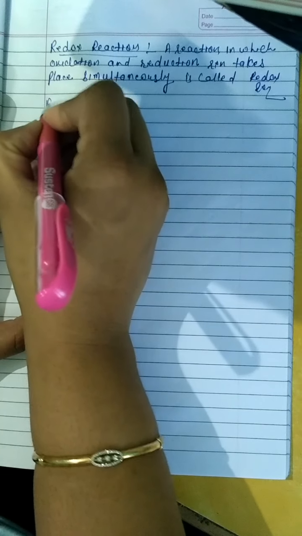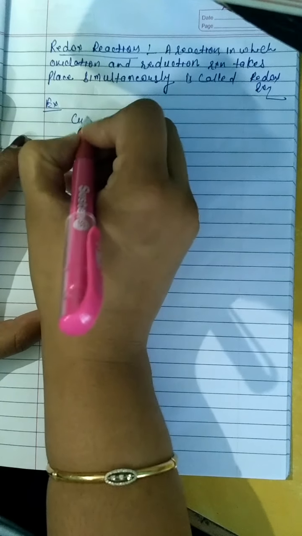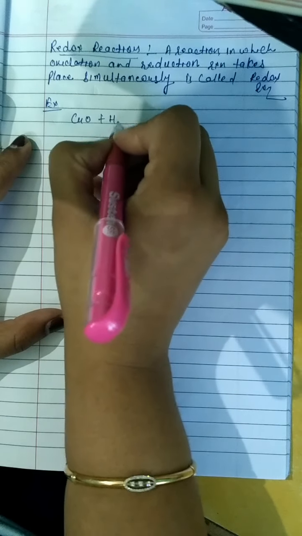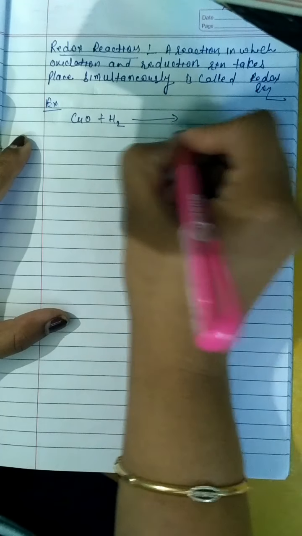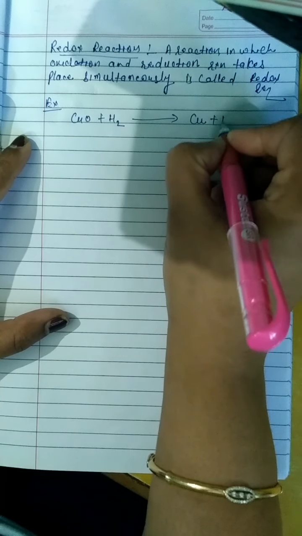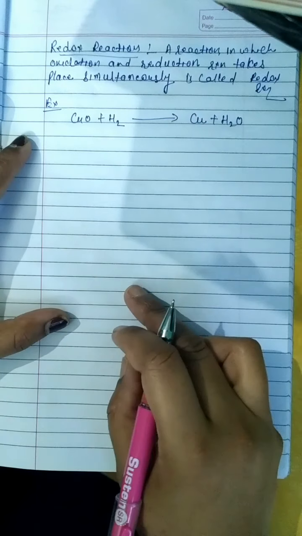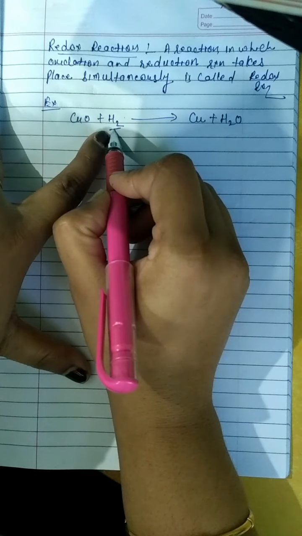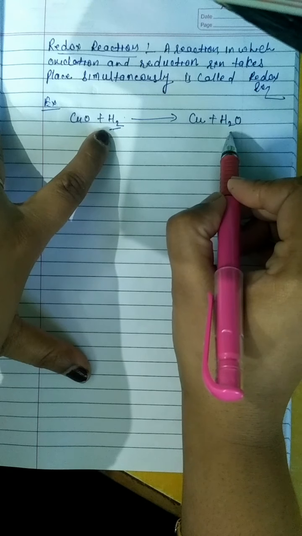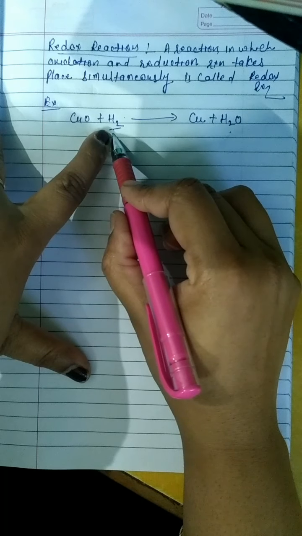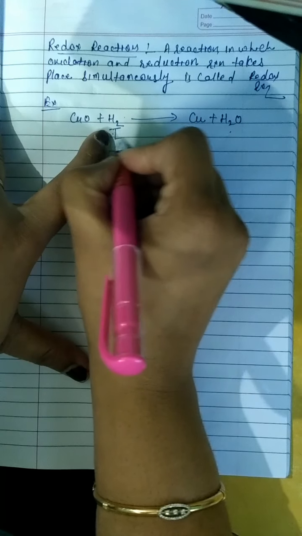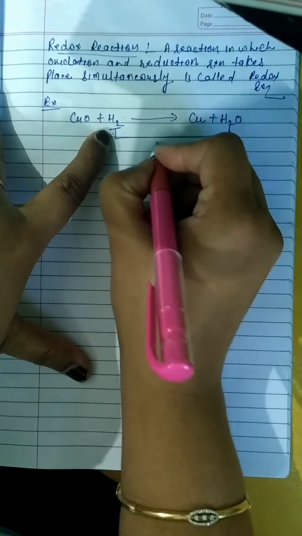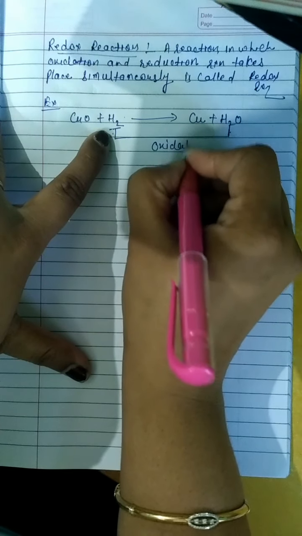If I am taking an example, that is a copper oxide plus H2 that gives copper plus water. Now, in this case, water means this one hydrogen gained the oxygen. So that's why oxidation reaction takes place.